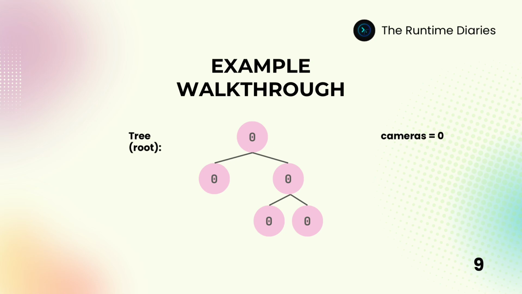Let's walk through a simple example. We have a tree where the root has two children, and the right child has two more children. Post-order traversal. Start at the bottom leaves.